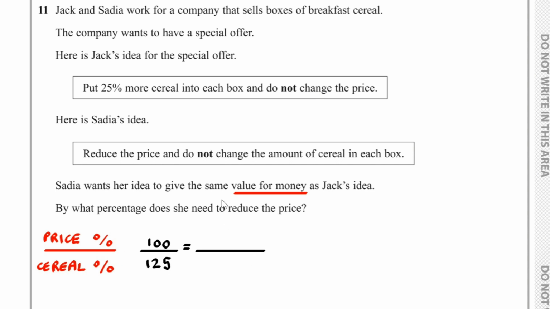Now for Sadia's price percentage, we don't know what that is, we'll call that x. But then she's saying that the amount of cereal remains the same, so we'll say that the amount of cereal is 100.